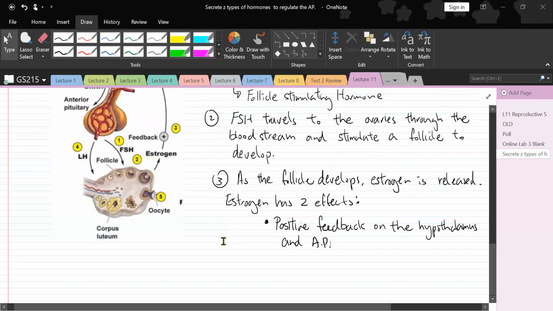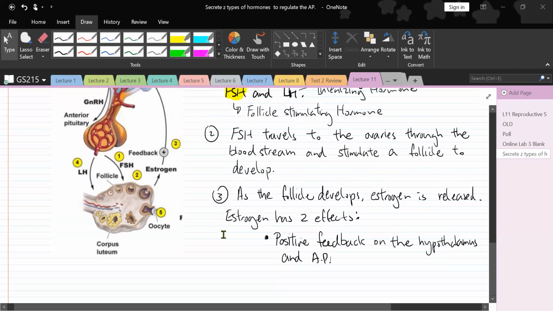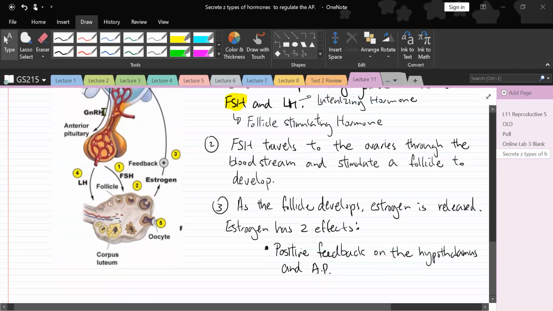Over here, we have GnRH, which ultimately leads to the release of estrogen. In a positive feedback manner, estrogen will cause you to release even more GnRH.